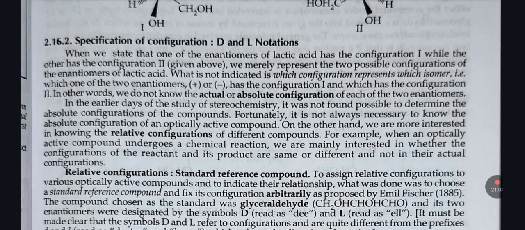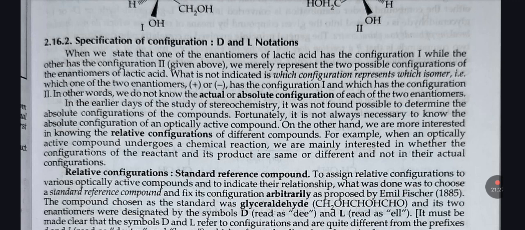In the earlier days of the study of stereochemistry, it was not possible to determine the absolute configuration of a compound. Fortunately, it is not always necessary to know the absolute configuration of an optically active compound.